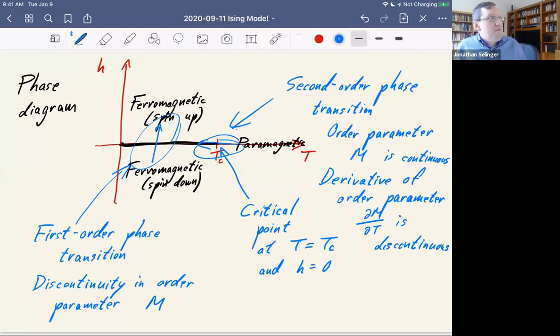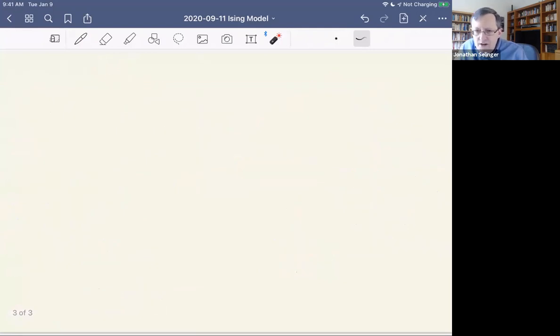Now, the critical exponents tell us information about what happens near the critical point. So near this special point in the phase diagram. We figured out one of those already, okay?